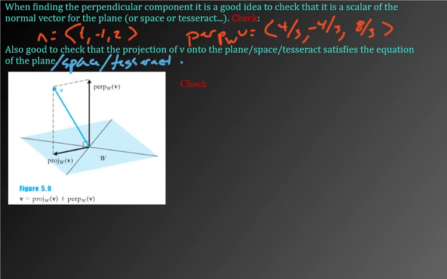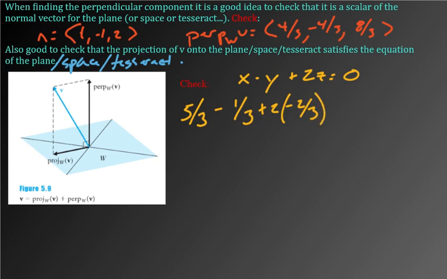In the last problem, the plane equation was x minus y plus 2z equals 0. And if you just take our vector 5/3, 1/3, negative 2/3, so 5/3 minus 1/3 plus 2 times negative 2/3, sure enough, equals 0. So it's a good thing to check just to make sure that you did this correctly.